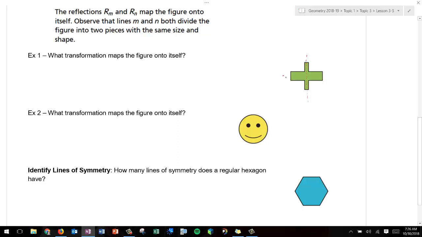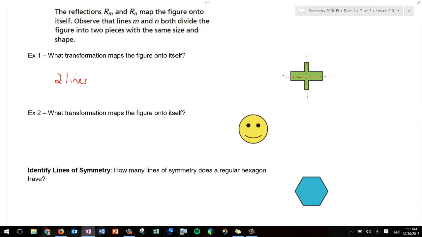If I went horizontally through the middle, the same thing is true. Obviously my drawings are not very good, but you guys get the idea. With your physical papers of these notes, you could fold them in half and see it as well. So there are 2 lines that allow us to do that in that figure. 2 lines of symmetry, of reflectional symmetry.